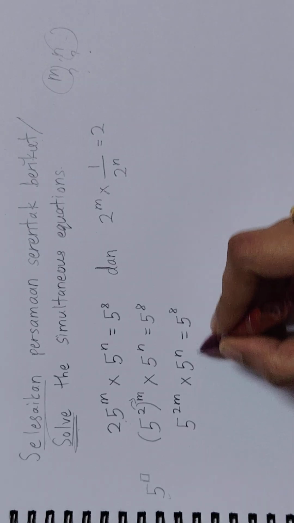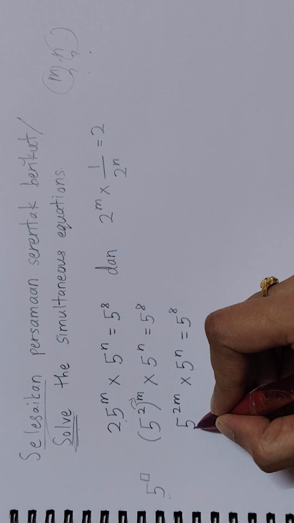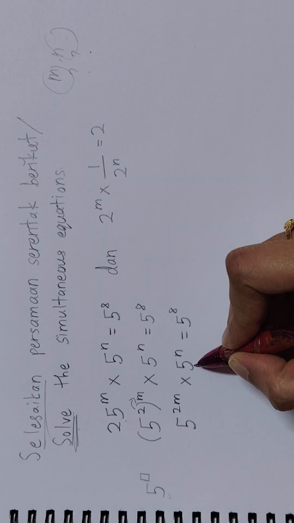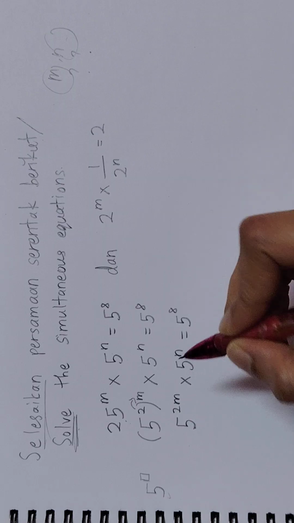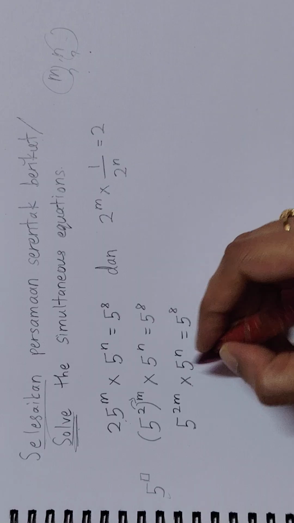Okay, so now once you already get this, remember what you learned in this index chapter. When the base is same, bila asas sama, 5 and 5, same base, and then times. What can we do with the power, class?